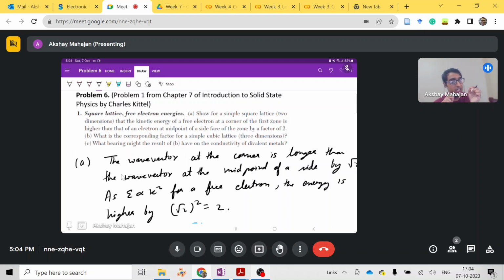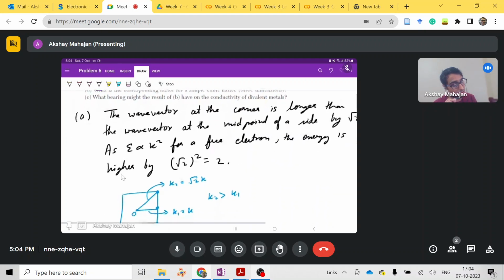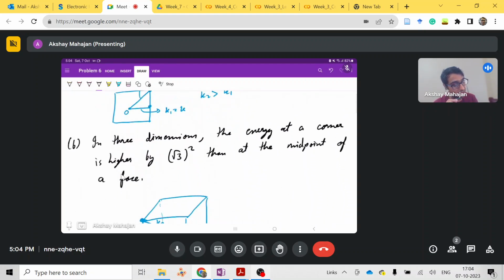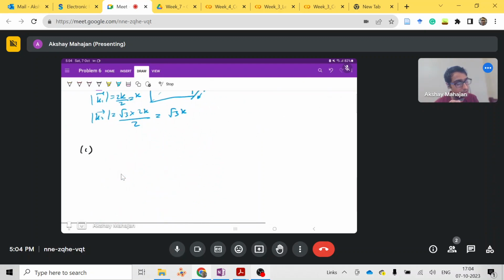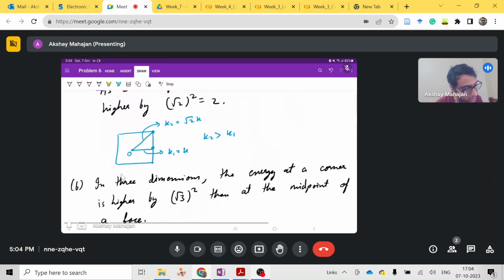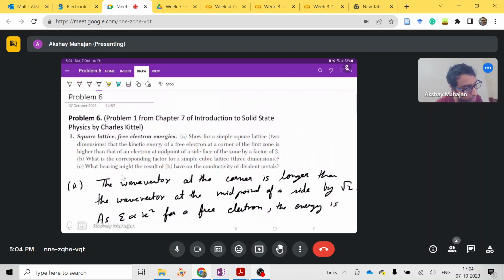What we have seen is that for electrons in this simple cubic lattice, the kinetic energy at the corner will be 3 times that at the midpoint of the face. So it is asking what effect that has on the conductivity of divalent metals.